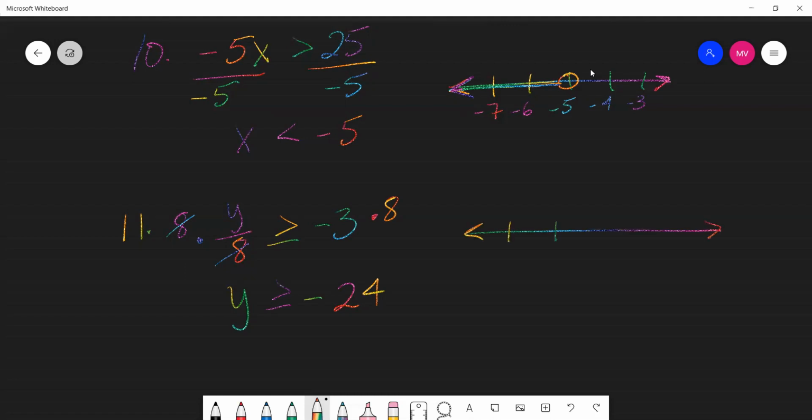All right, number line. -24. I'm going to go this way first. Don't forget, your numbers go backwards when they're negative. All right, so we start our graph closed.